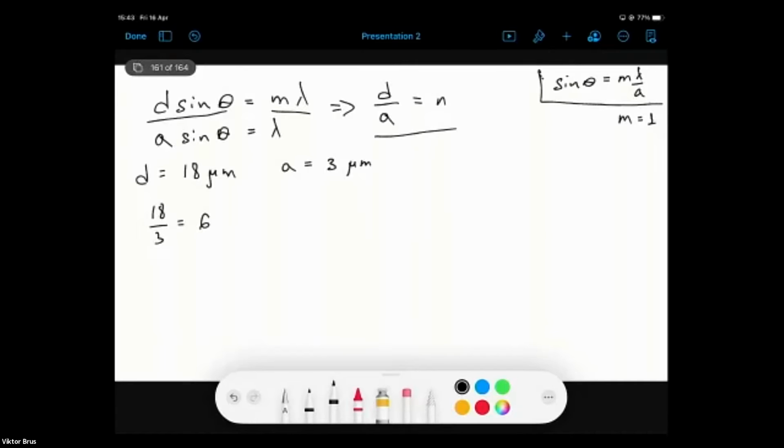When we consider just diffraction at a single slit, we divide the slit into many parts and consider as many as we want point sources of coherent light within this slit, and then we get an interference pattern because of the interference of light originating from different parts of the slit.